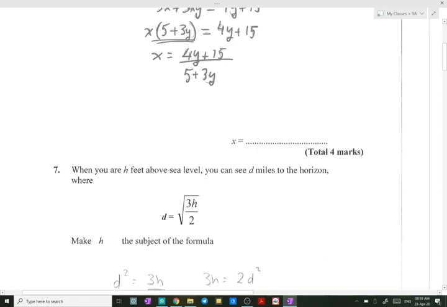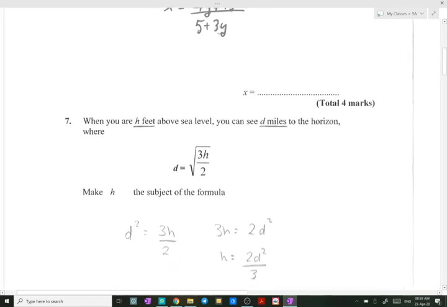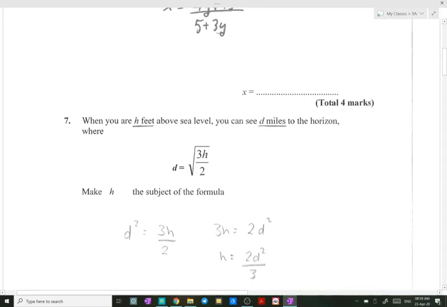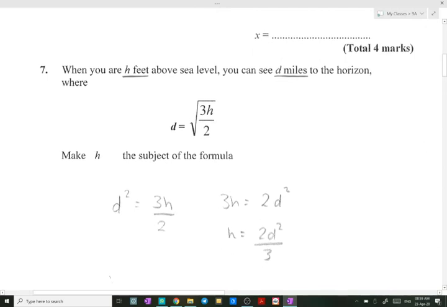In number 7, when you are h height above the sea level, you can see d miles to the horizon, where this is the formula that you can use. Make h the subject of the formula. So first, to get rid of the square root, we need to square, because you have here an invisible 2.